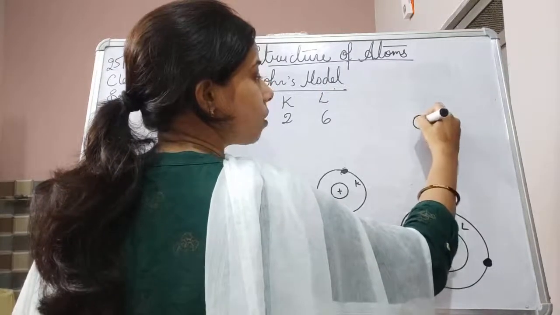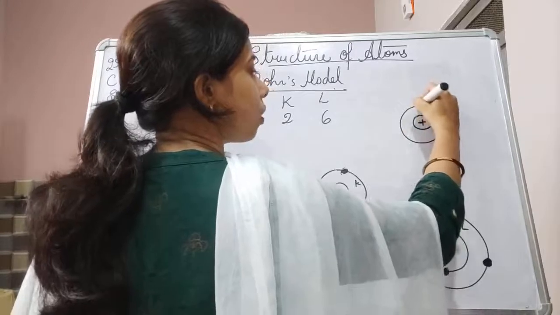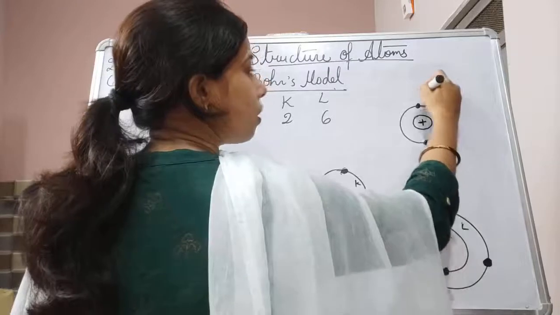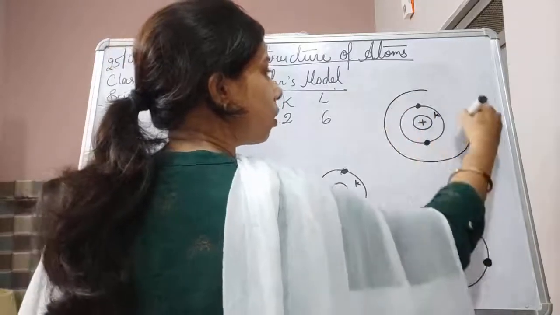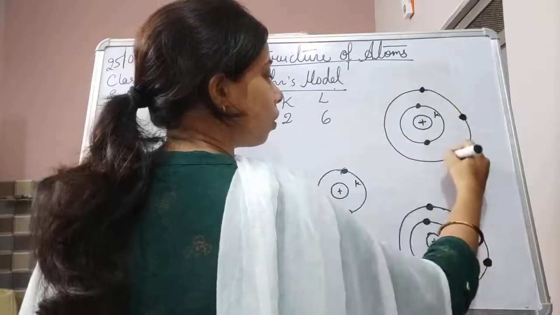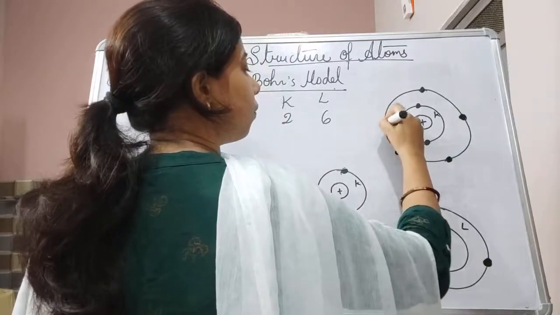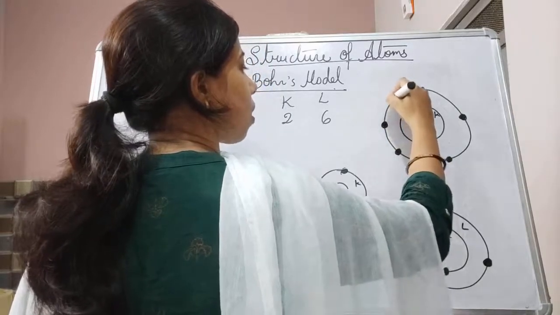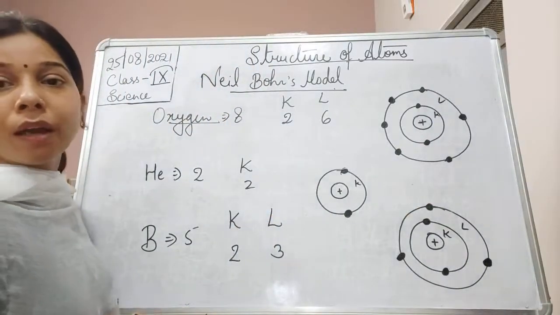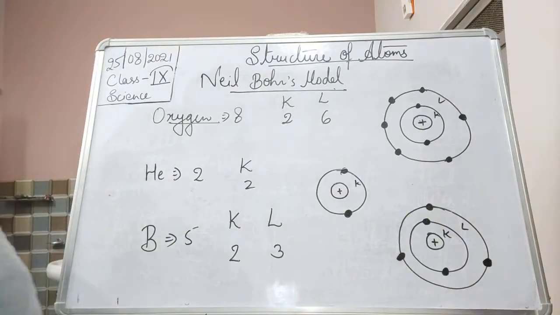This is the nucleus. First of all, 2 electrons will enter into the K shell. Now the rest of the 6 electrons will enter into the L shell: 1, 2, 3, 4, 5 and 6. L shell. So this is the electronic distribution in case of oxygen.